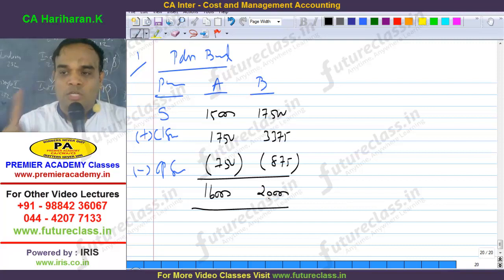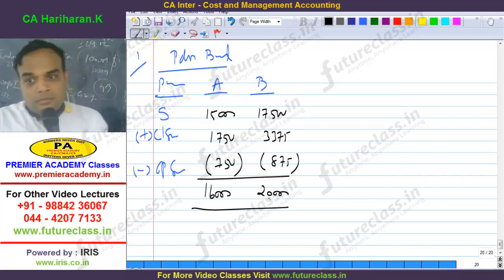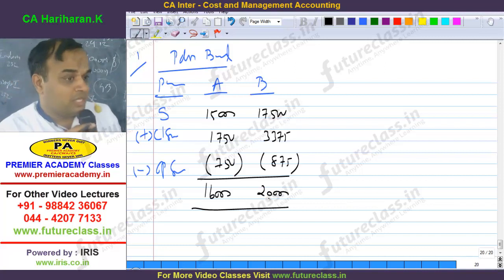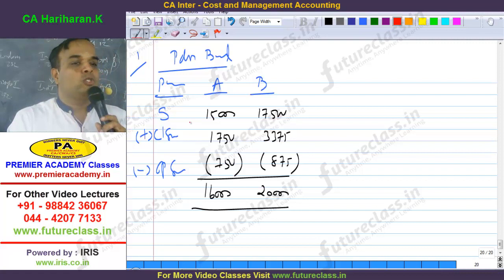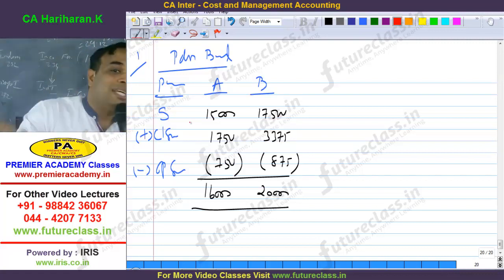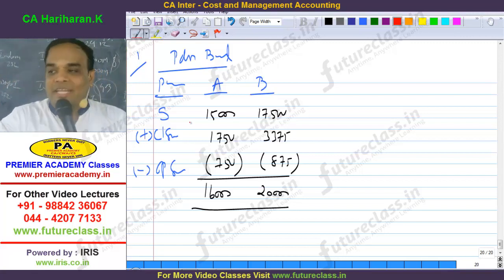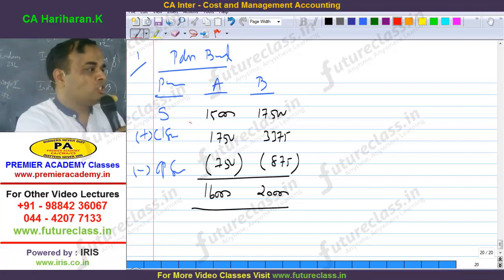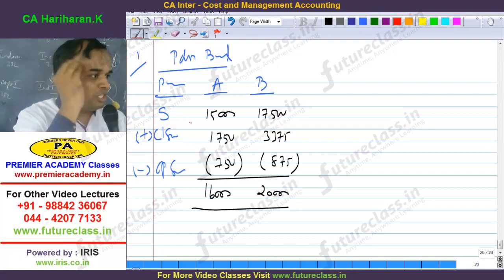Now what plus what minus what is equal to production? Sales plus... Now here the chances of committing a mistake are very high. When opening and closing stock are given in a question, opening and closing stock of finished goods as well as raw material will be there. Many IPC students unknowingly take opening and closing stock of raw material, because they consider that only one opening and closing stock will be there.